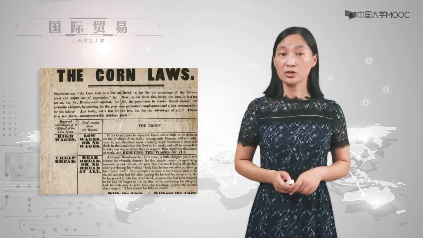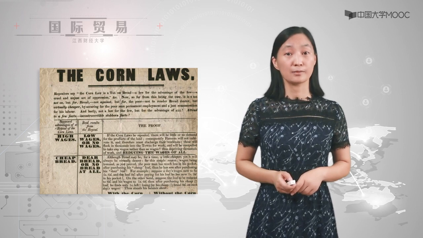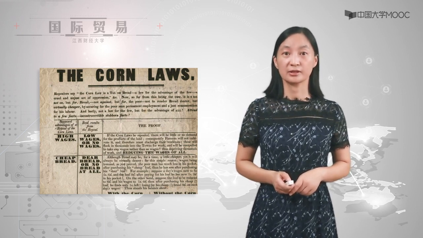In the early 19th century, for example, the United Kingdom used tariffs, the famous Corn Law, to protect its agriculture from import competition. In the later 19th century, both Germany and the United States protected their new industrial sectors by imposing tariffs on imports of manufactured goods.